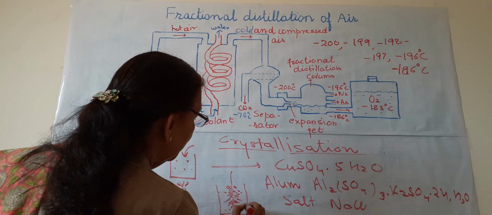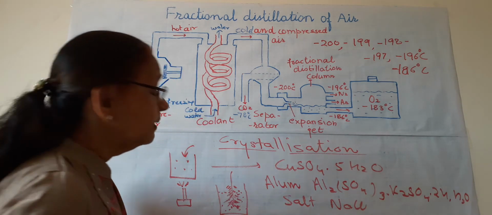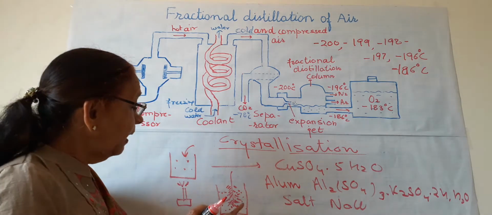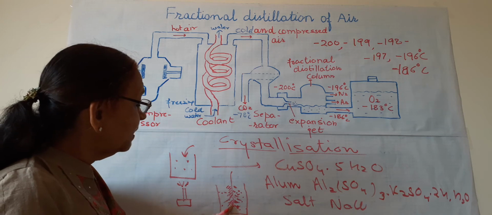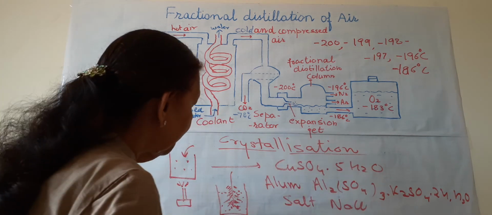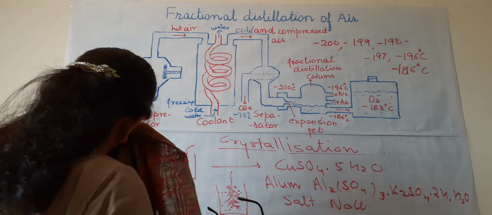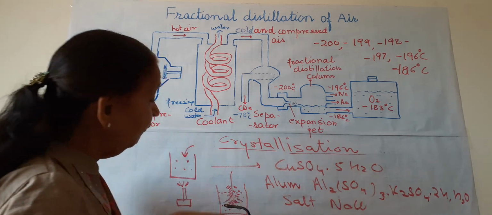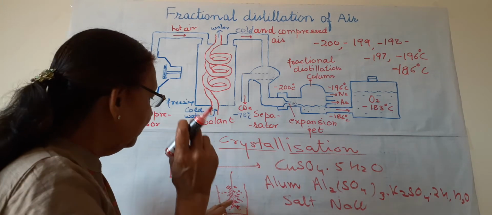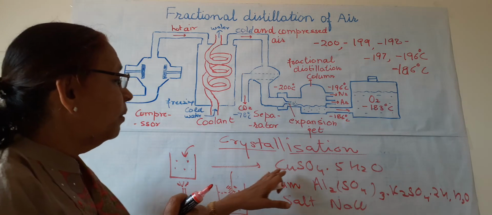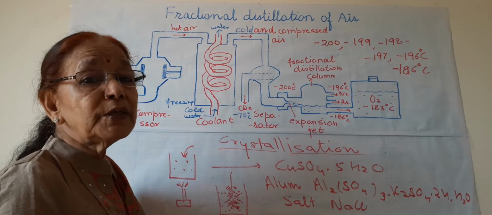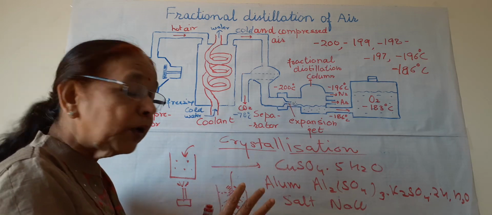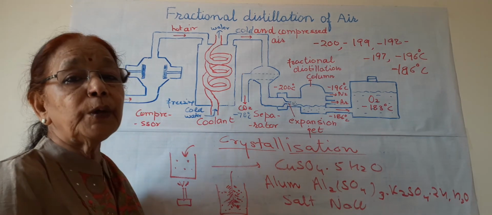The solution which is left has the impurities, and now it becomes dilute. In this way, copper sulfate crystals are formed from the saturated solution of copper sulfate, and these are the purest form of copper sulfate. So crystallization is the process to purify solids from their impure solutions.